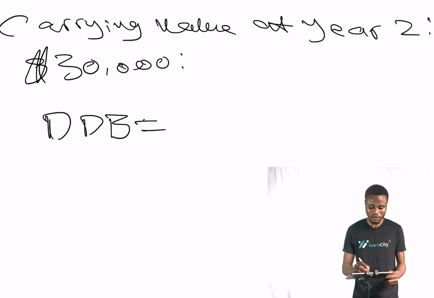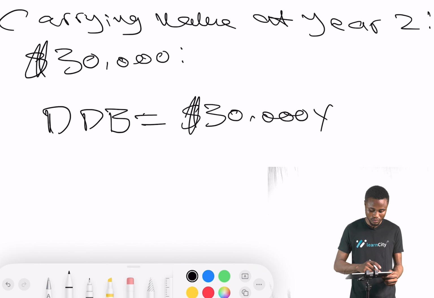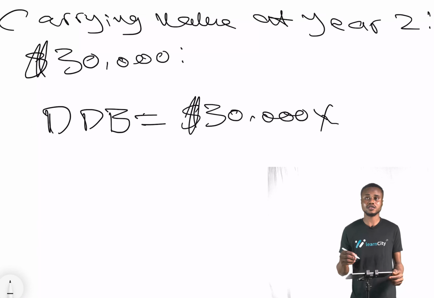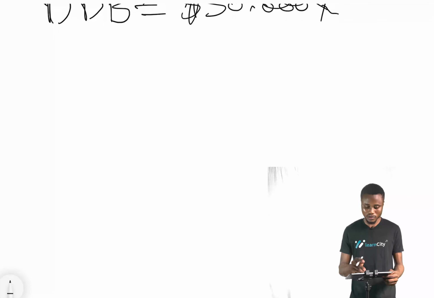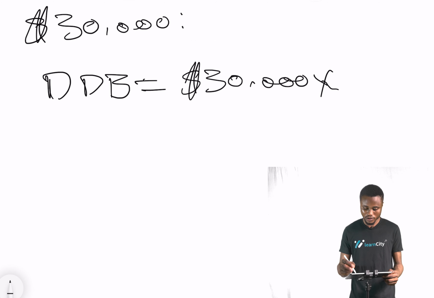You bring this 30,000 US dollar, open brackets, 30,000 US dollar multiplied by open brackets, 2 multiplied by the initial 20% we will be using.